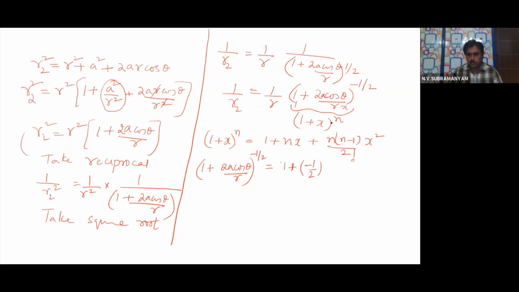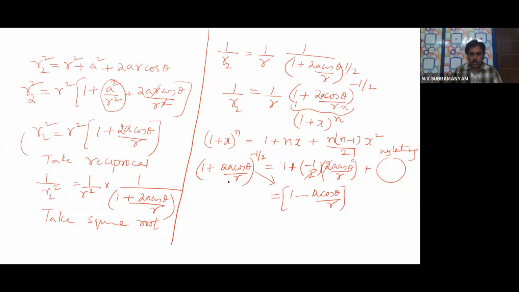Now x is positive, earlier it was negative. 2a cos theta by r, into, we will get x square, the a square by r square term, that I am neglecting. Then these two cancel. This plus into minus will become minus. Then I will get 1 minus a cos theta divided by r. That is the value.